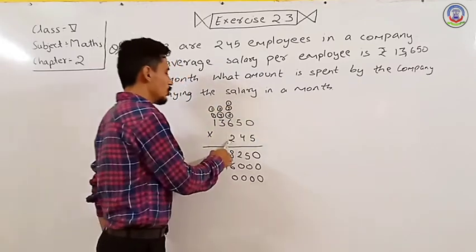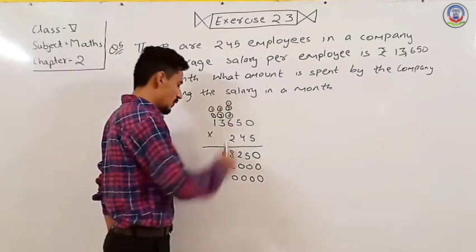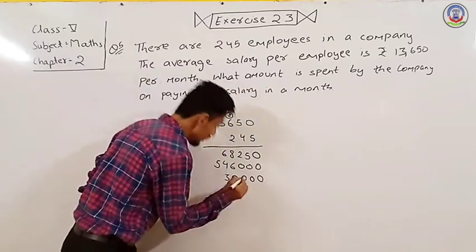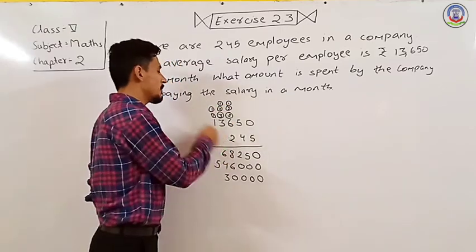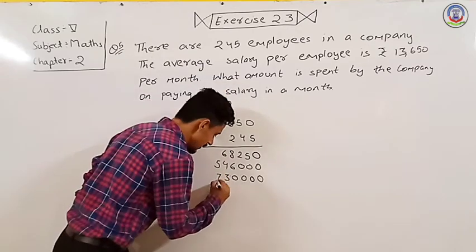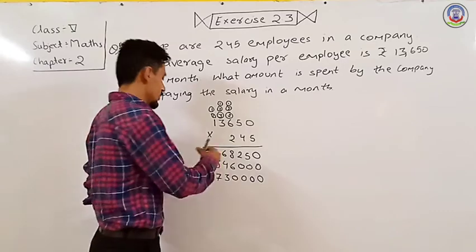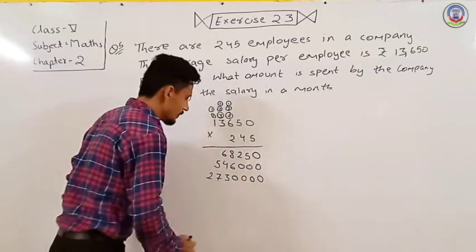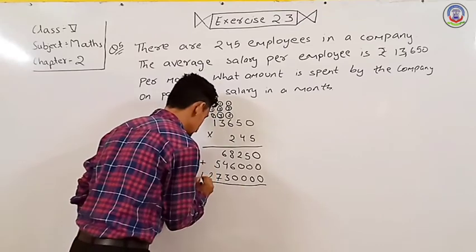Next we have 2 multiply 6, it is 12. 12 and 1 is 13. So we write 3 here and 1 goes to carry. Next we have 2 multiply 3, it is 6, and when we add 1 to it, it is 7. Next we have 2 multiply 1, it is 2. So we write 2. Now we have to add these three numbers.